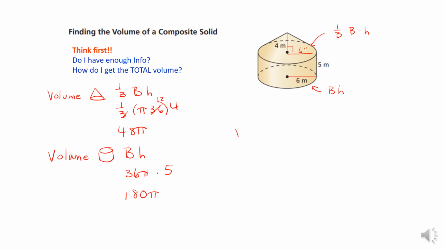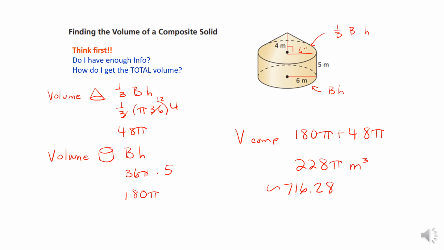And now to find the volume of the composite, I would say 180 pi plus 48 pi, and that equals 228 pi, which is my final answer. That would be meters cubed, or you could calculate it out to be approximately 716.28 meters cubed. Okay, so that is how you would find the answer for the composite.